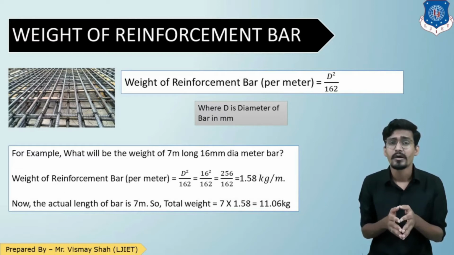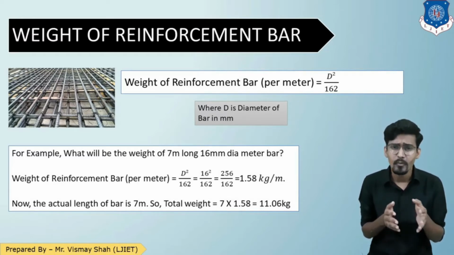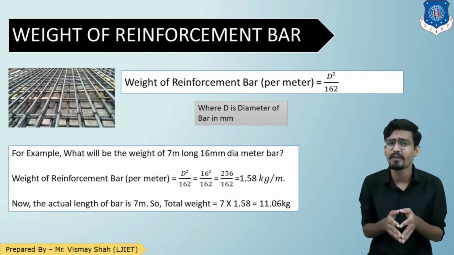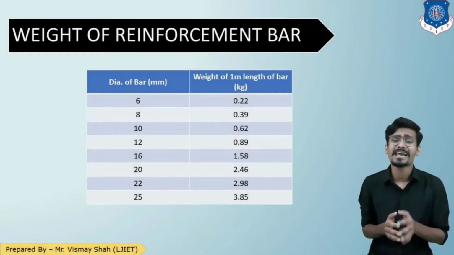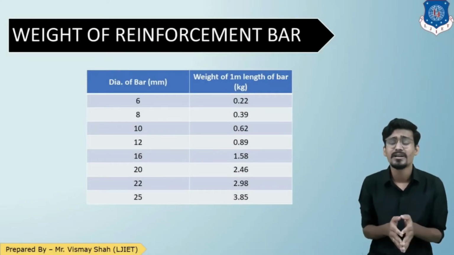Moving forward, let us see the different weight per meter of different diameter of bars. Here is the table. As you can see, I have prepared a table of per meter weight of different diameter of bar.